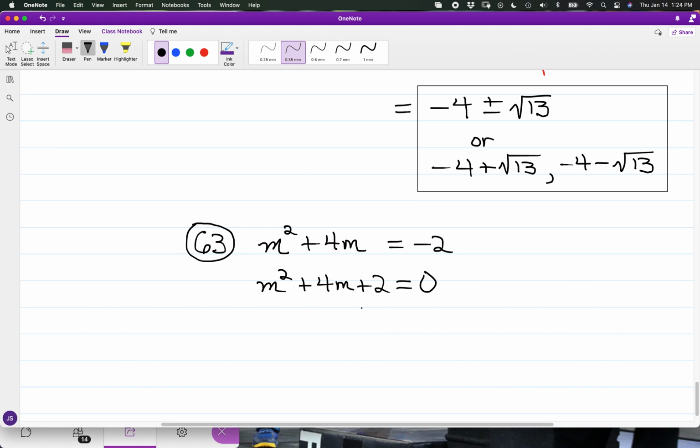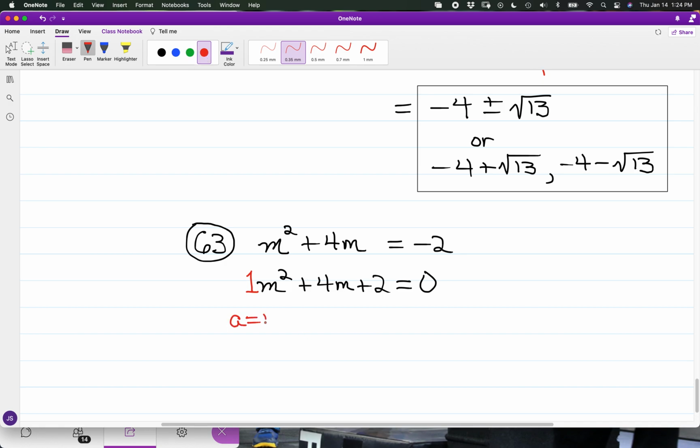The only integer factors would be 1 and 2, negative 1 and negative 2, and the respective sums would be 3 and negative 3, but not positive 4. So we have, again, just reapplying the quadratic formula.